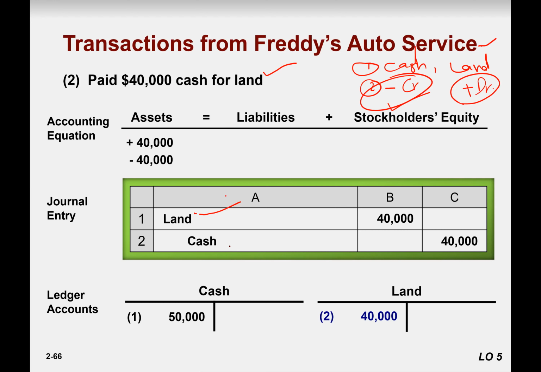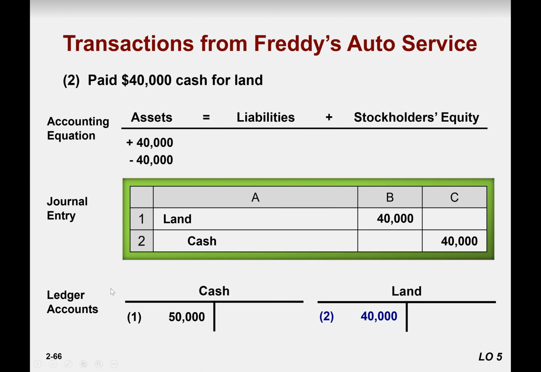Right? And if you post it, so we have a cash account earlier from transaction 1, it was debited and now it is credited. So you write down 40,000 on the credit side and land would be on the left hand side of the debit.